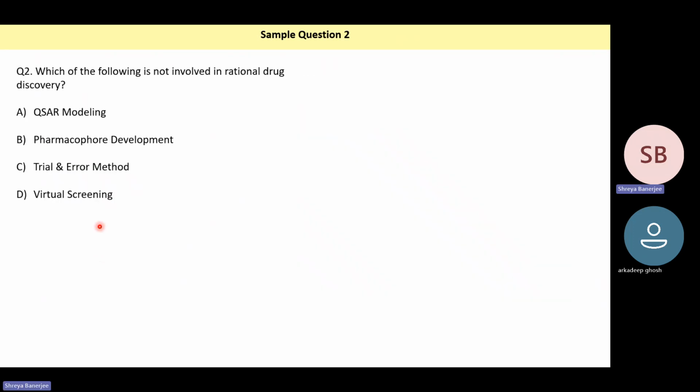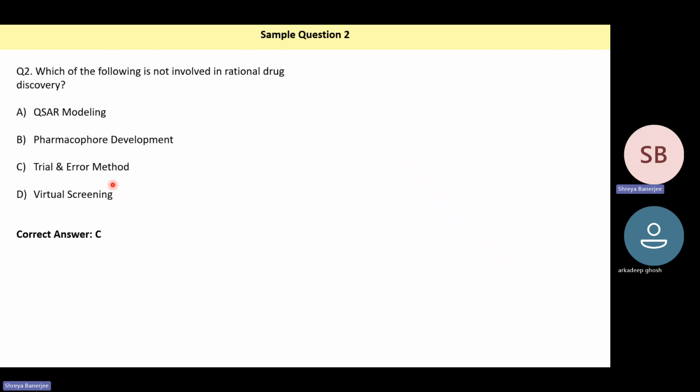The next question is asking, which of the following is not involved in rational drug discovery? So here the answer is C, the trial and error method.